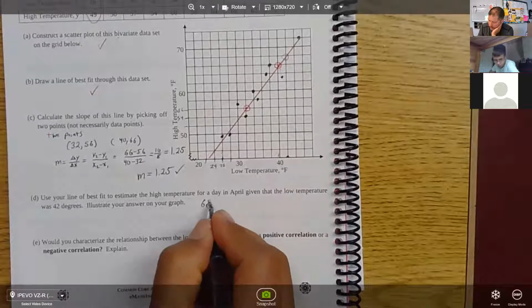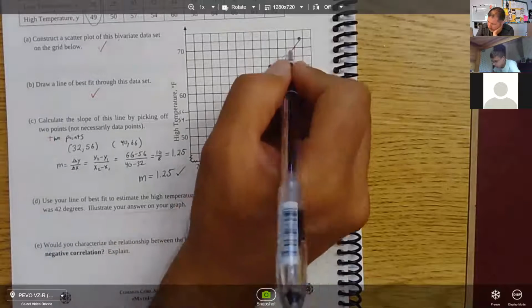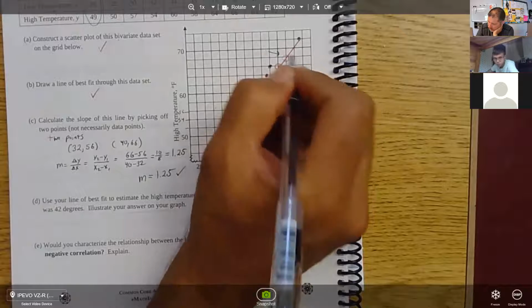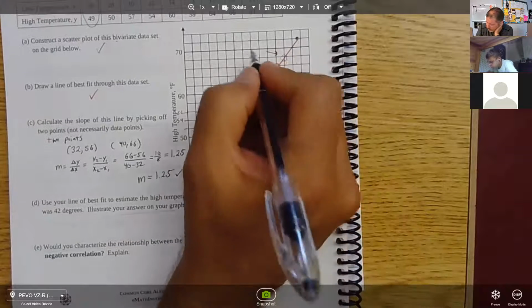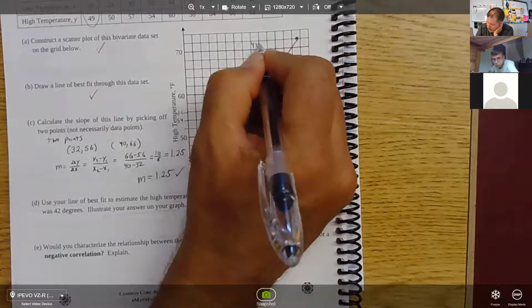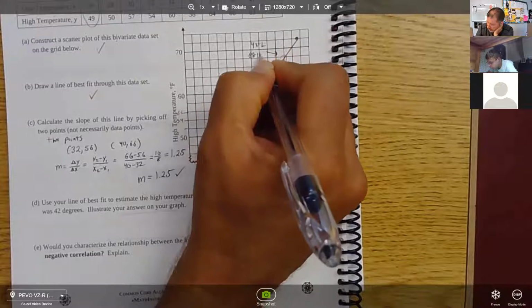So I'm going to say 68 degrees. Illustrate your answer with a graph. This is at 42 degrees. 42 degree low is a 68 degree high.